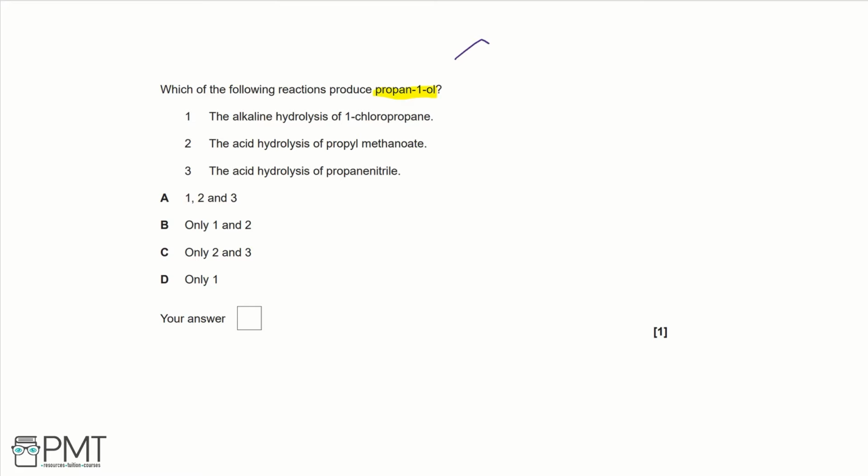So let's draw out propan-1-ol to begin with. That's going to be a 3-carbon chain with an OH group on carbon number 1. Then if we look at the alkaline hydrolysis of chloropropane, drawing out chloropropane, that's a 3-carbon chain with a Cl on carbon number 1. And then it's the alkaline hydrolysis, so that's with OH minus because that's the generic form of a base.